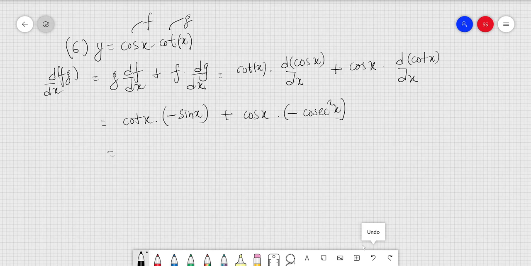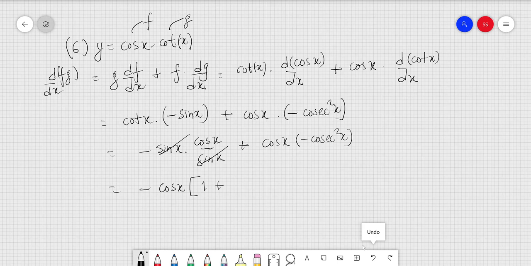Now if you simplify this, minus sin x times, we know cot x is cos x by sin x, so our sin x will be cancelled, plus cos x minus cosec squared x. So this would be, if we take minus cos x common, then in the bracket we would have 1 plus cosec squared x.